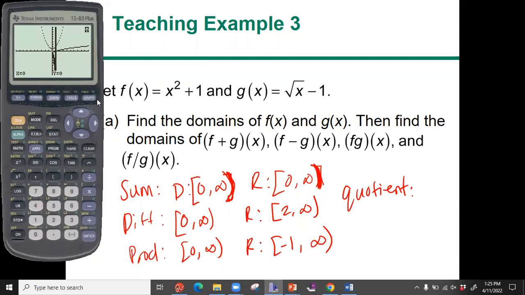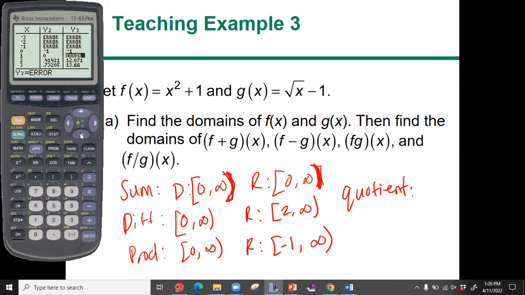So let's look at the table of our quotient. We're going to look at Y2 and Y3. Now, look at this. It says that we are defined at 0, but are we defined at 1? No. That means there's a hole in our graph.